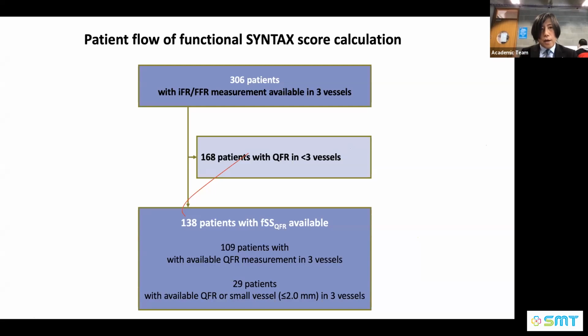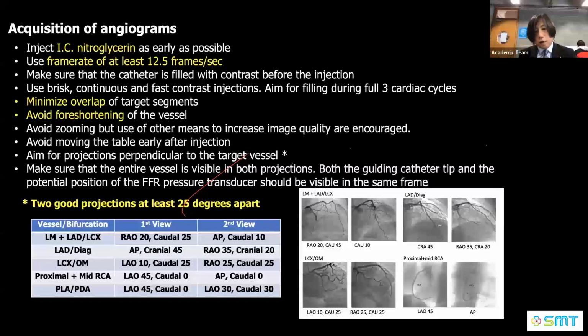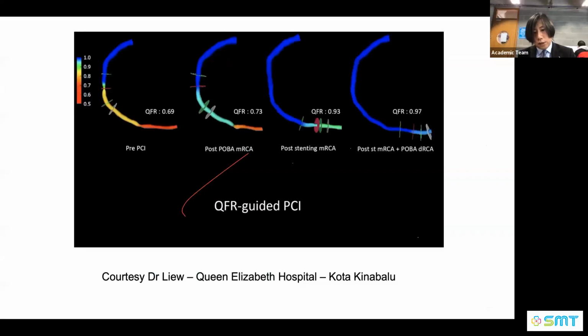So if you apply QFR in multivessel disease, it's very important to acquire good quality images, at least 2 projections that differ by at least 25 degrees. There is a recommendation on the best view for each vessel or each bifurcation, so I think it is very useful to use this kind of matrix to guide good acquisition of angiography, especially in multivessel disease.